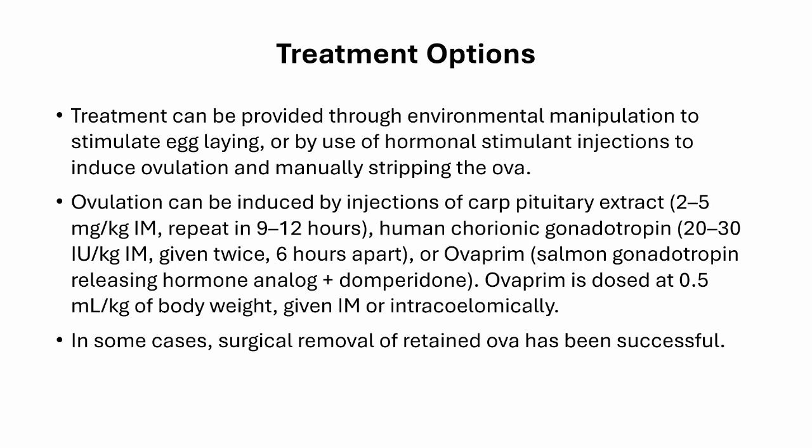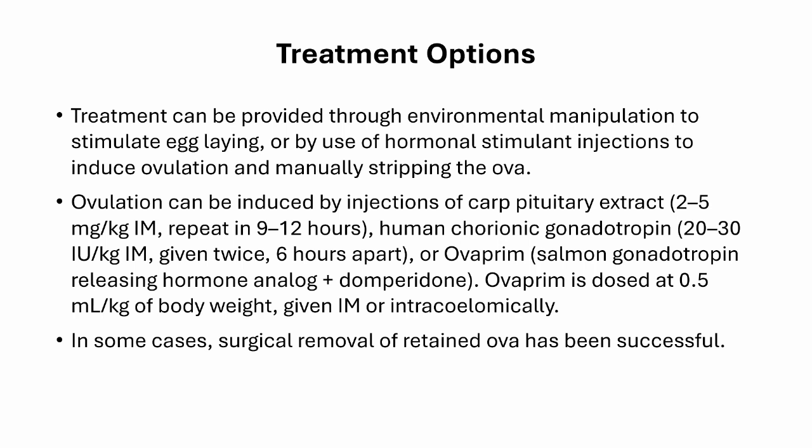You give the fish an injection intramuscularly or intracelomically, and usually within 12 hours, 9 to 12 hours, they'll start releasing those eggs. So that's been very helpful, very successful in cases where you want to try to stimulate the females to lay their eggs. And it's also possible to surgically remove them.